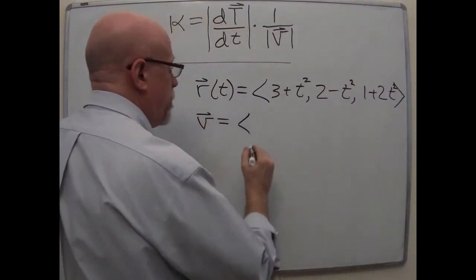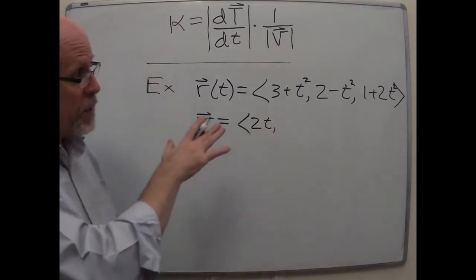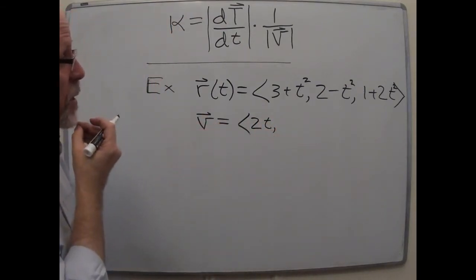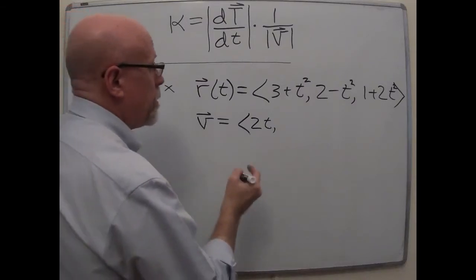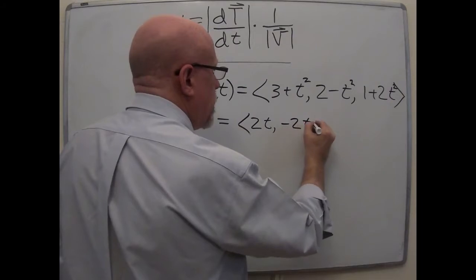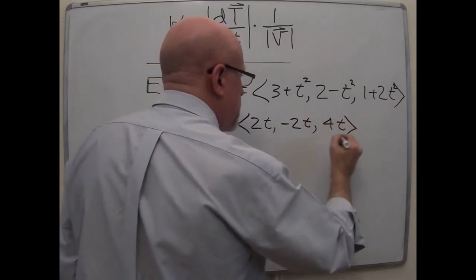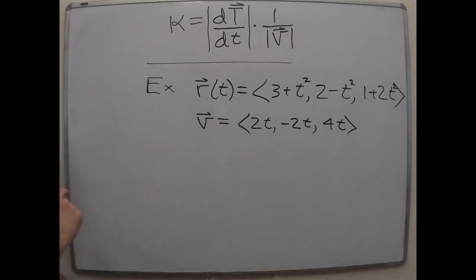What's my derivative? 2t. I'm still moving in a straight line. It's just that I'm not doing it at constant speed. The velocity is 2t, minus 2t, and 4t. And that means the acceleration is a constant vector, but the velocity is not.